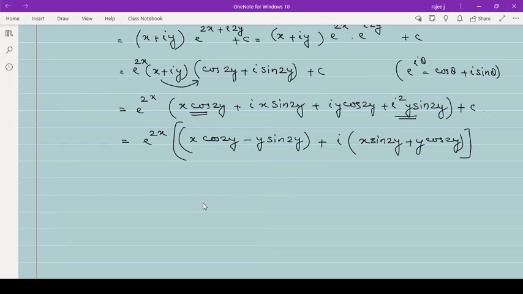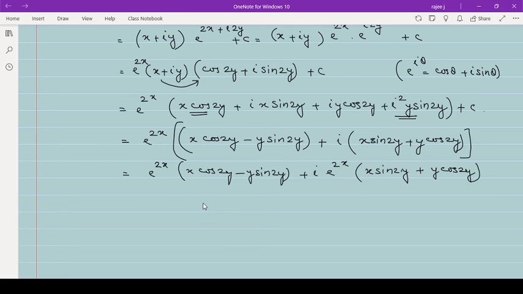So just write in u plus iv form. e raised to 2x into x cos 2y minus y sin 2y, taking e raised to 2x inside, plus i into e raised to 2x into x sin 2y. I have written this in detail form. You can reduce this directly, instead of i square put minus, and simplify that way also.